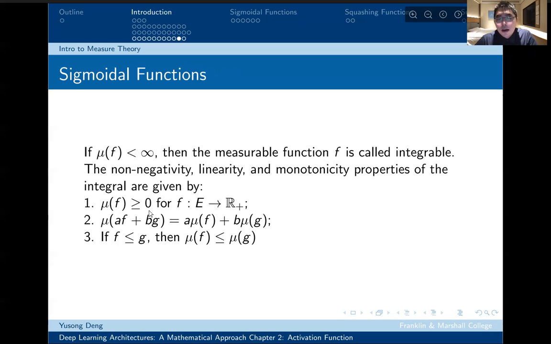That is, mu(f) is always greater than or equal to 0. And mu(af plus bg) equals a mu(f) plus b mu(g) for a, b real numbers, if f and g are measurable. And if f is smaller or equal to g, then mu(f) is also smaller or equal to mu(g). You can try to prove that on your own. We will skip the proof here.